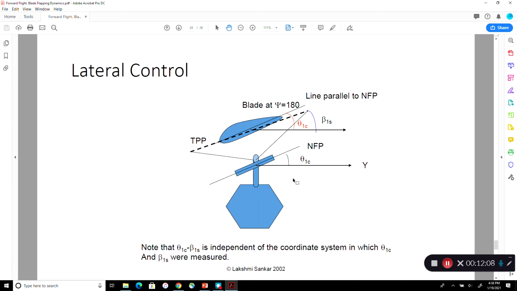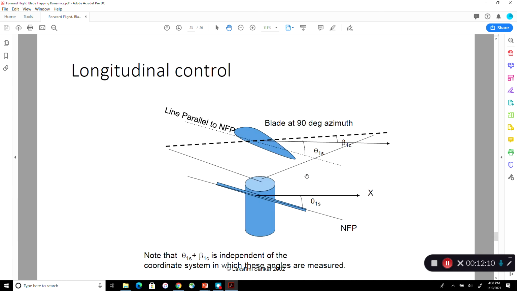Now, if you look at the relative angle, the total angle between the tip path plane, which is this dotted line, and the Schwarz plate plane, or the no feathering plane, which is this dotted line, it's the sum of this angle theta 1s, because this line is parallel to this line. So this angle is theta 1s, just like this is theta 1s.